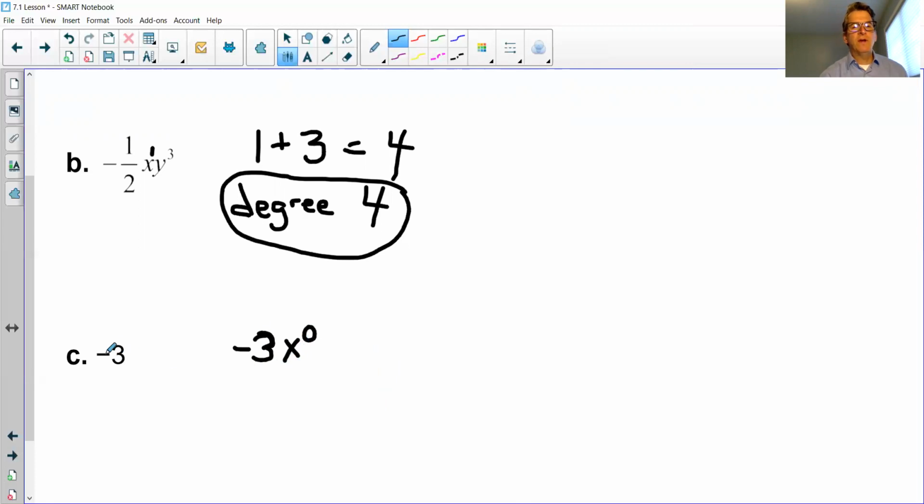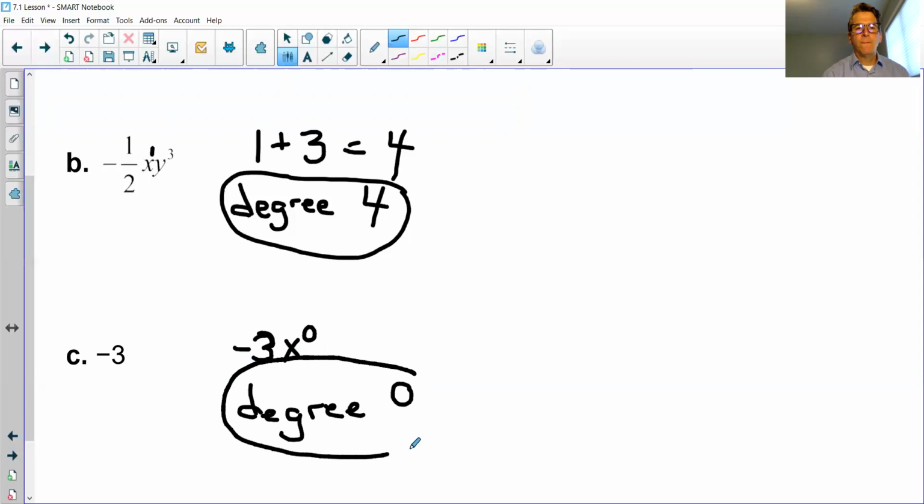So -3 times x to the 0. The degree of this, -3, will be 0. Even though there's no variable there, you can rewrite it with 1, x to the 0 power.